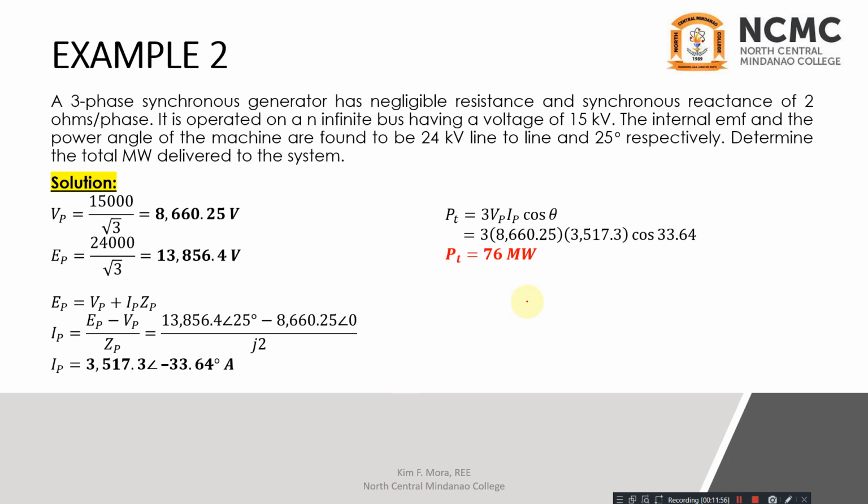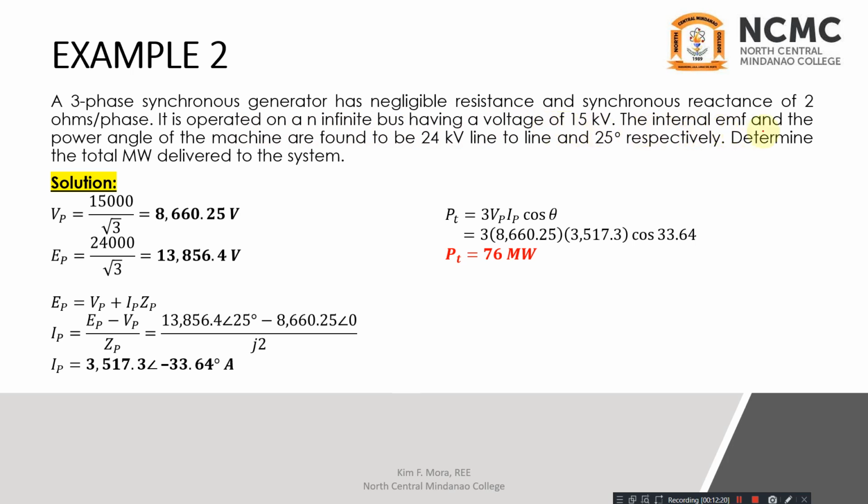Example number 2. A three-phase synchronous generator has negligible resistance and synchronous reactance of 2 ohms per phase. It is operated on an infinite bus having a voltage of 15 kilovolts.